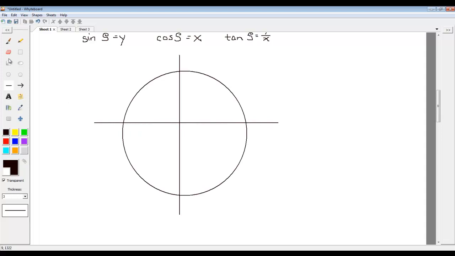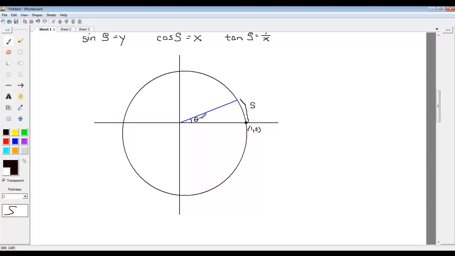But let's draw it in blue just to give a different color. Alright, so let's say we've got our theta here. This is the unit circle, so that's 1, 0. So this theta here, that's the same as this arc length s.